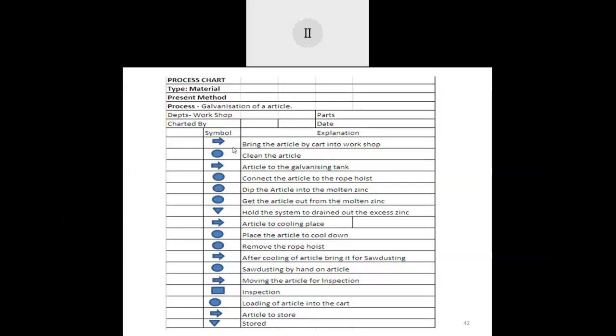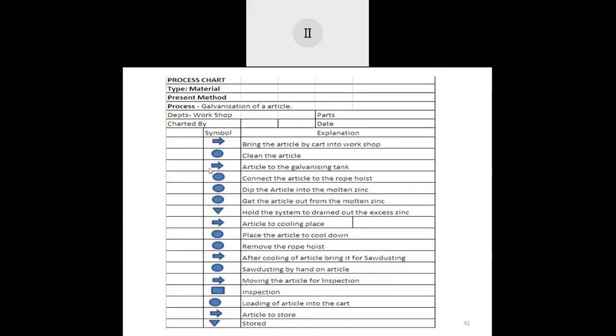Okay. Then next is this circle. Here it means clean the article, with some operation. You need to clean the article, clean the raw material, or clean the part which needs to be machined or which needs to go through the process.